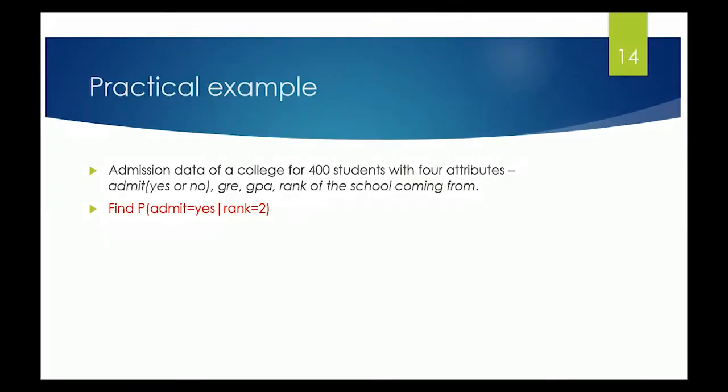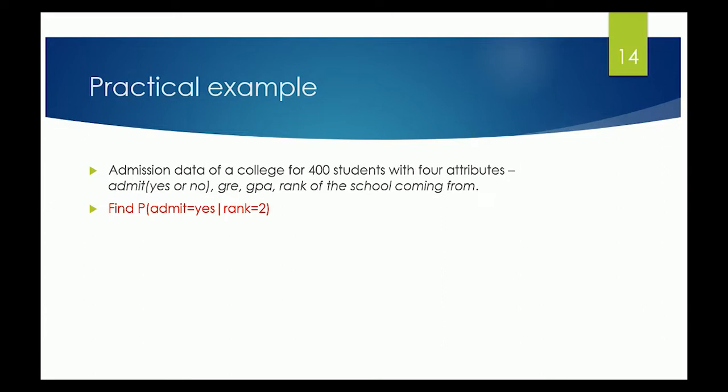Here is a practical example that we are taking, where we are considering admission data of a college for 400 students with four attributes. The first attribute, admit, is the decision attribute, which is yes or no. GRE and GPA are floating point data attributes, that is, the score of the student, and the fourth one is the rank of the school the student is coming from.